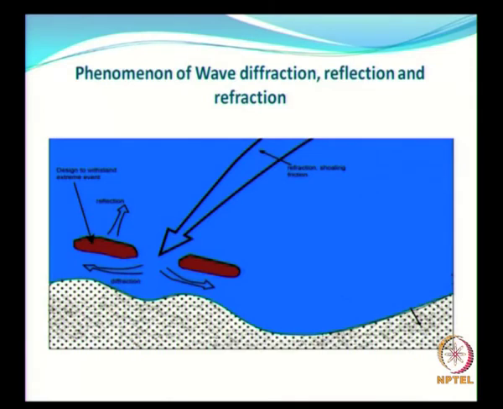When you look at this picture, whatever we have seen now is just illustrated in this picture, where you see that when the waves propagate, because of the varying water depth, you will have the phenomena of refraction, shoaling, as well as the bottom friction that is offered by the seabed.